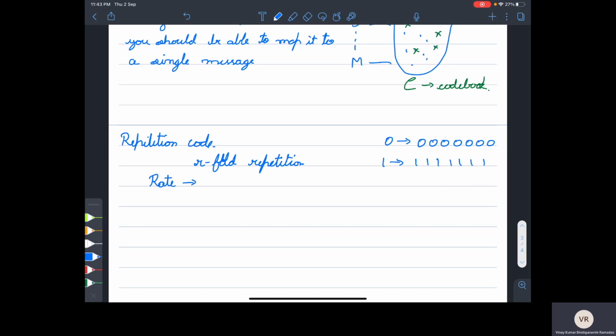You are sending one message bit for every 7 bits, so the rate is 1 by r, or 1 by 7 here.